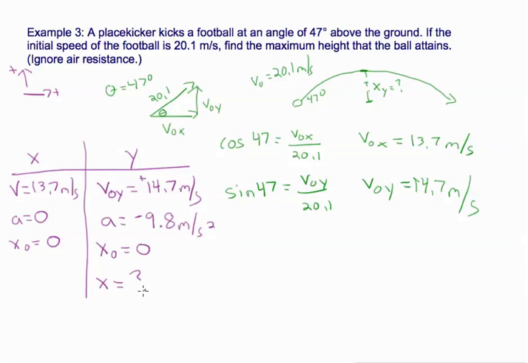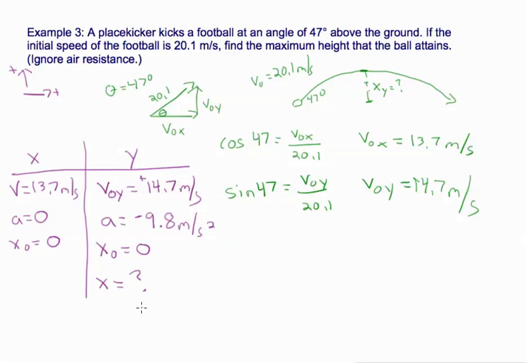We're told to ignore air resistance because in reality air resistance would help decrease these velocities in the x direction and in the y direction because of friction. But those are very, very small differences, and at this stage in our career we don't have enough math to do that correctly.